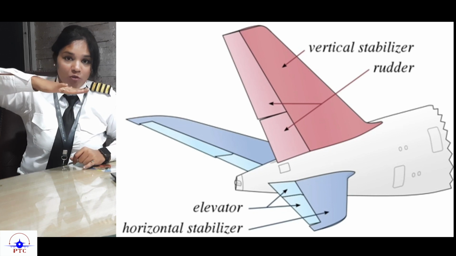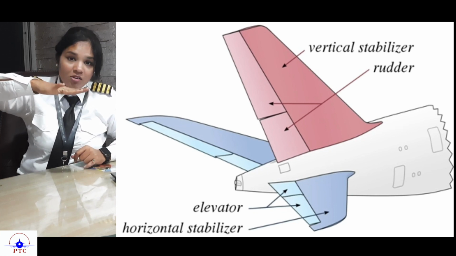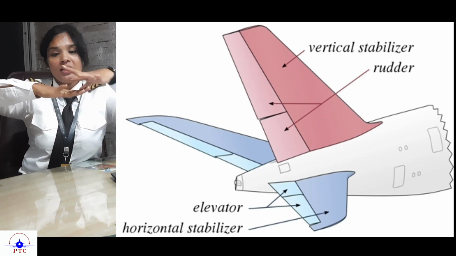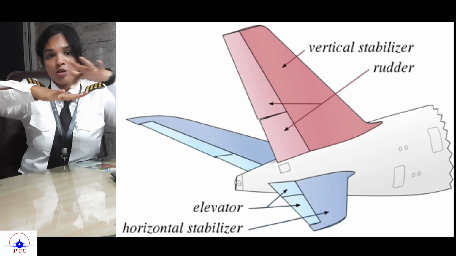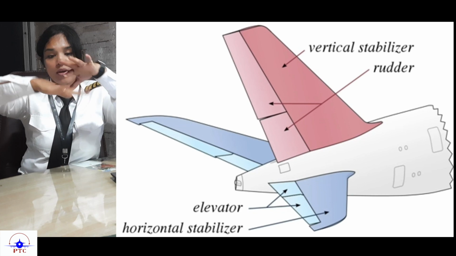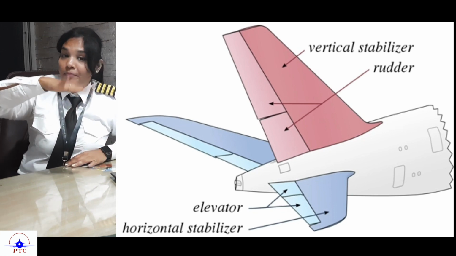The horizontal stabilizer gives stability over the pitching movement, which happens about the lateral axis.